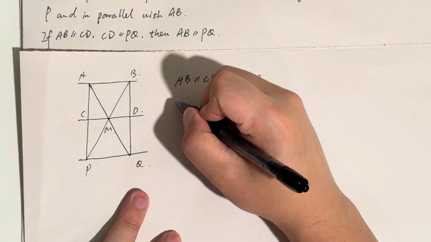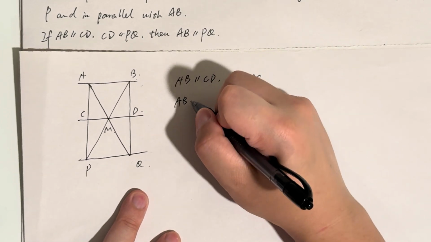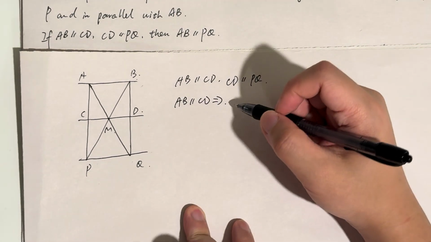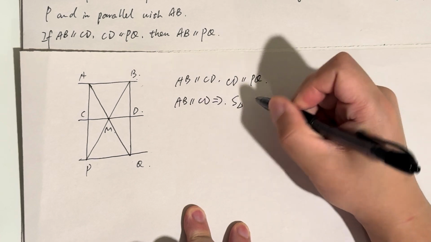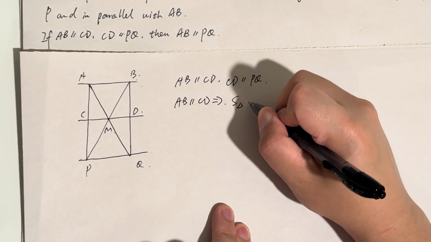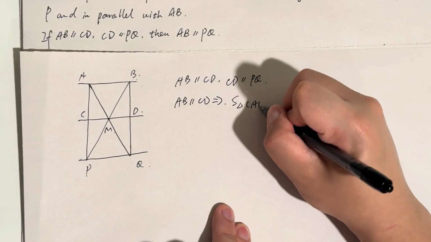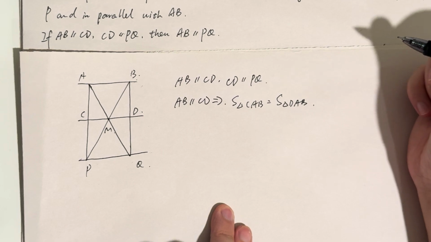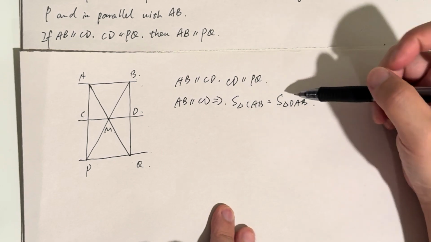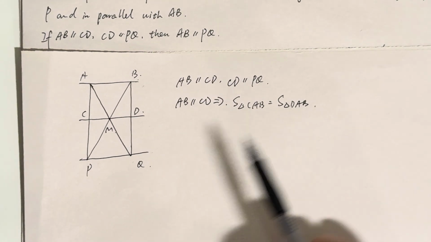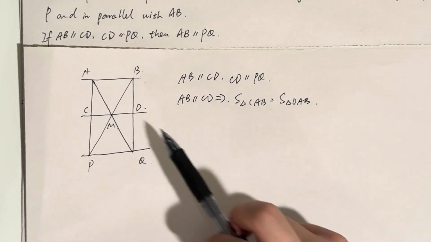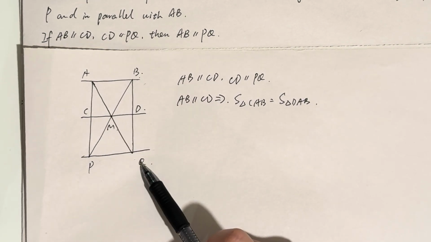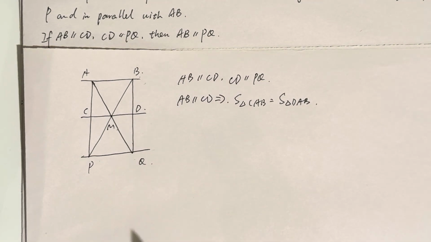So because AB is parallel with CD, we can have the triangle CAB equals the area of triangle DAB, right? But in this way, it's difficult to relate these two, the triangle CAB and triangle DAB, to the area of triangle APQ, right? So let's think about another way.